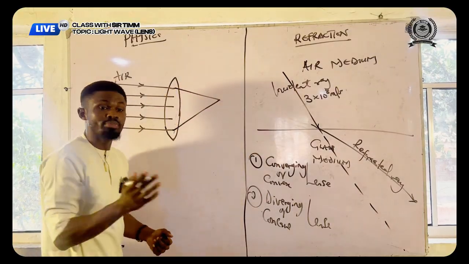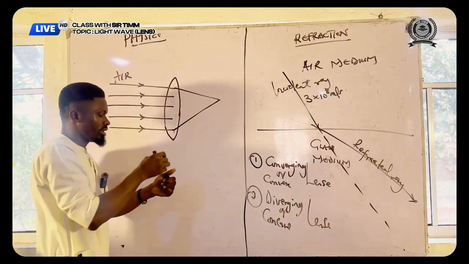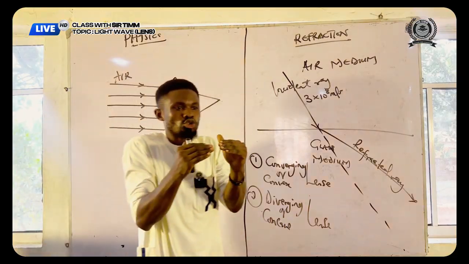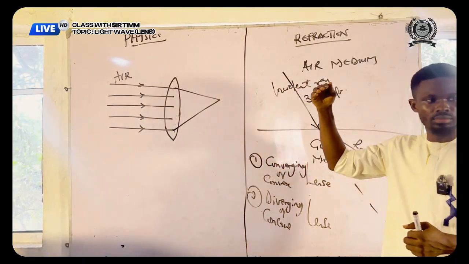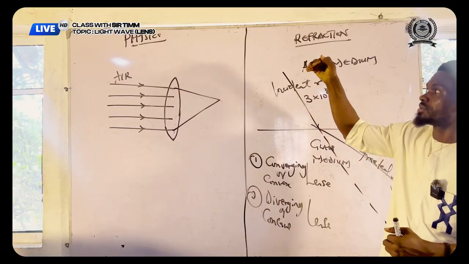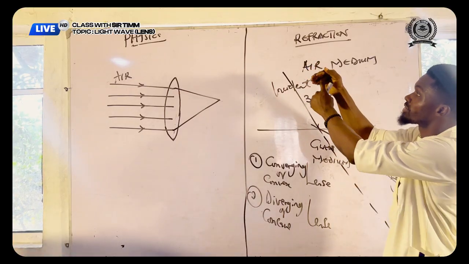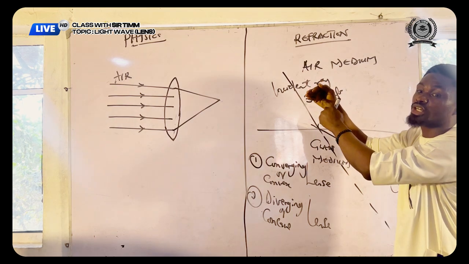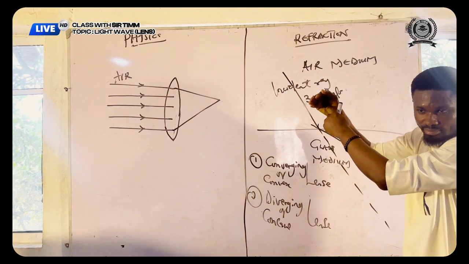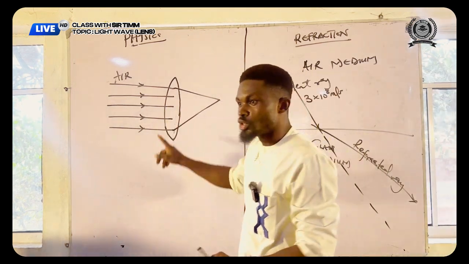Why? Simply because the inside is now looking as though, I explained it when I was teaching spherical mirrors, right? When you have a hand like this, and this is your reflective surface, am I communicating? Automatically, the rays after reflection will converge. That's what happens here.